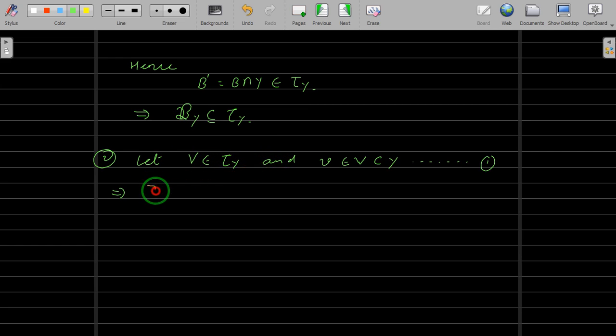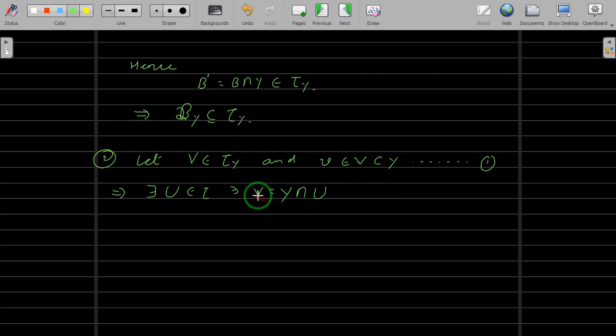So there exists some U belonging to tau, open in tau, such that we can write V as Y intersection U. That is why I said V is contained inside Y, because V is nothing but Y intersection U, so obviously it is a subset of Y.